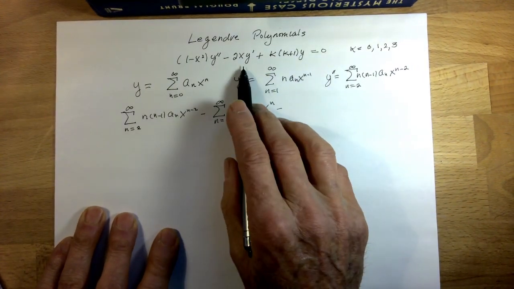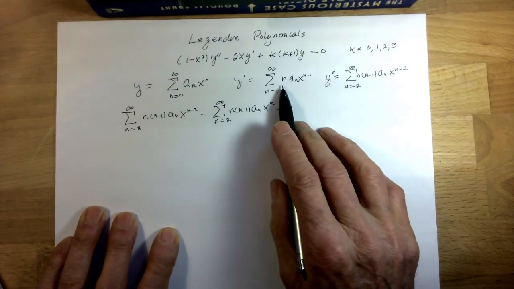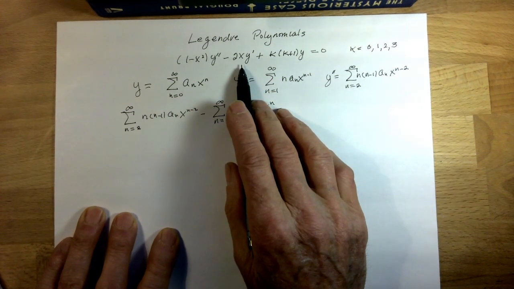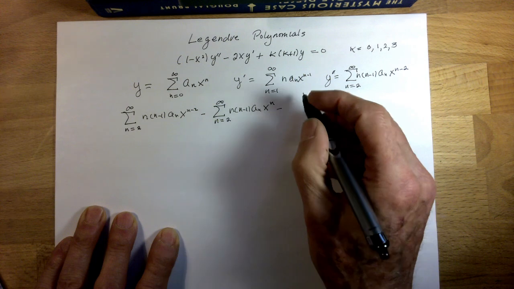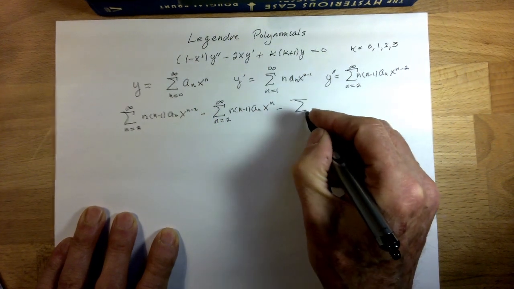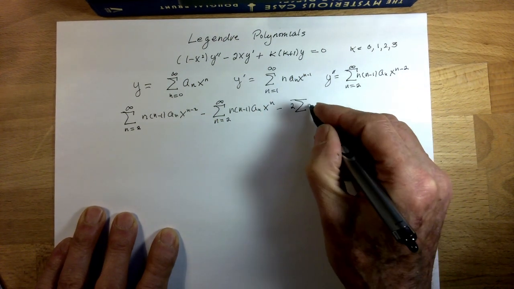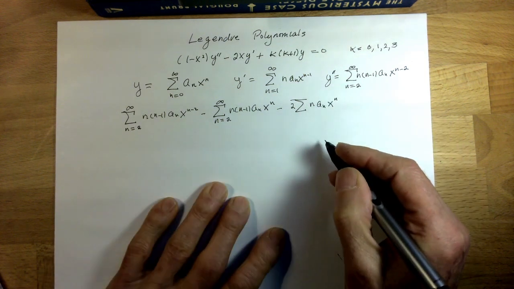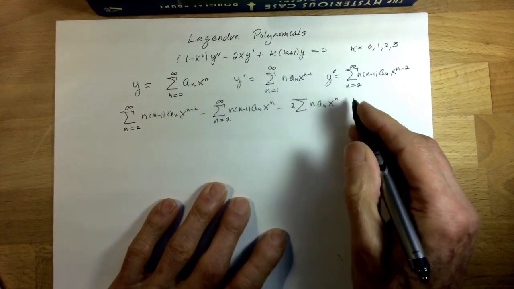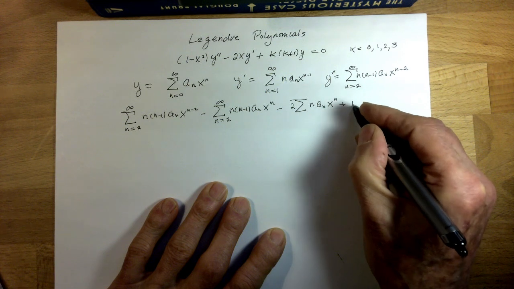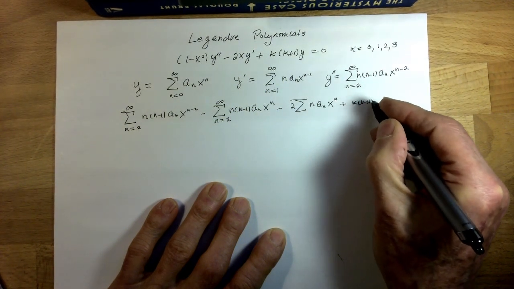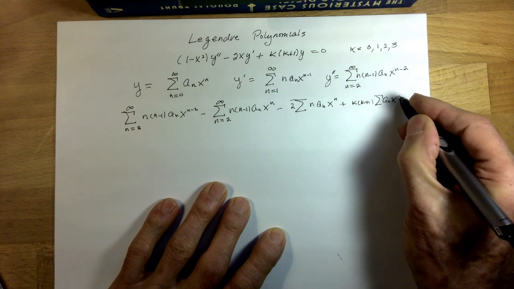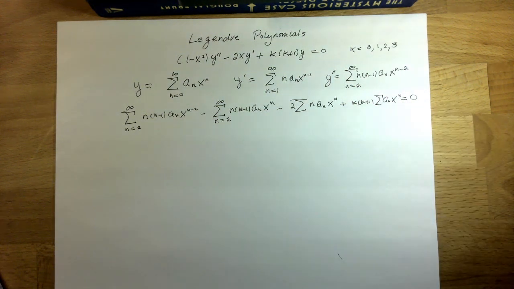And then something similar happens with the y prime term. We're going to have n a sub n x to the n minus 1, but we multiply by x, so we get x to the n. So we're going to have minus 2 n a sub n x to the n. And then, of course, we have just the k times k plus 1 a sub n x to the n. All that, of course, equals 0.